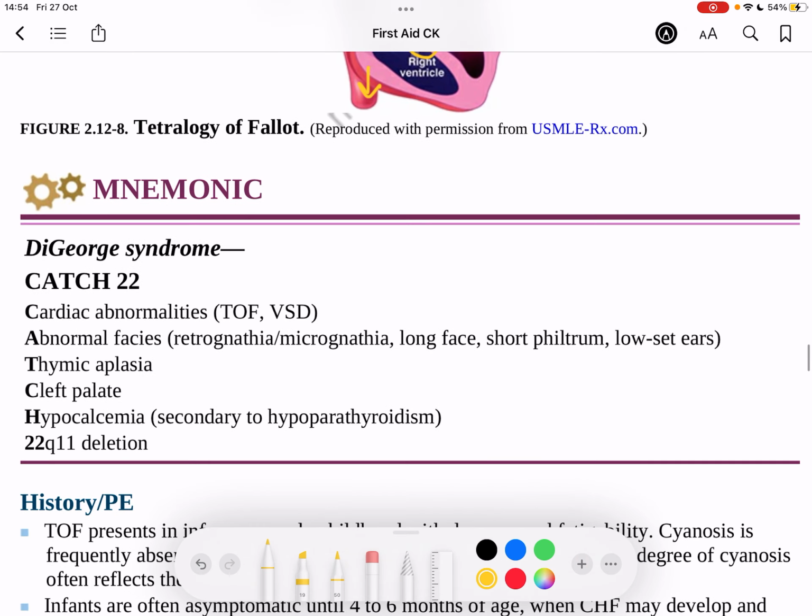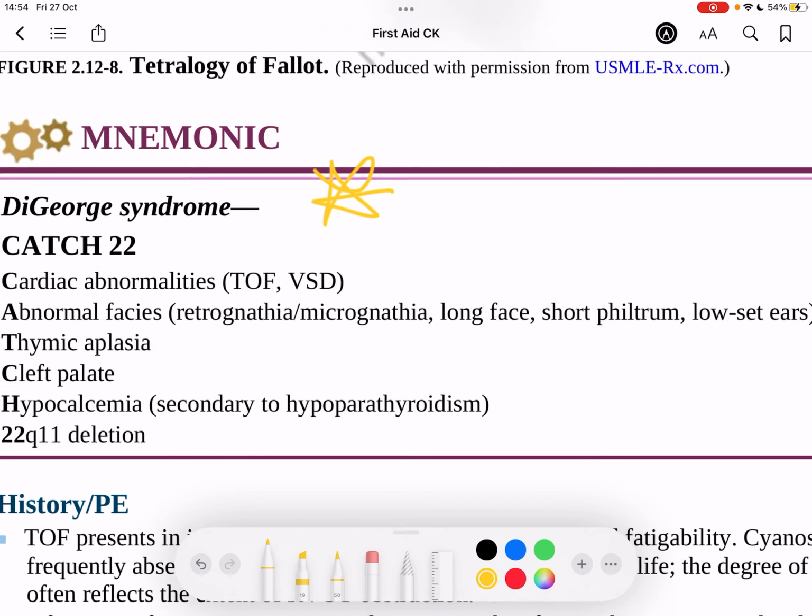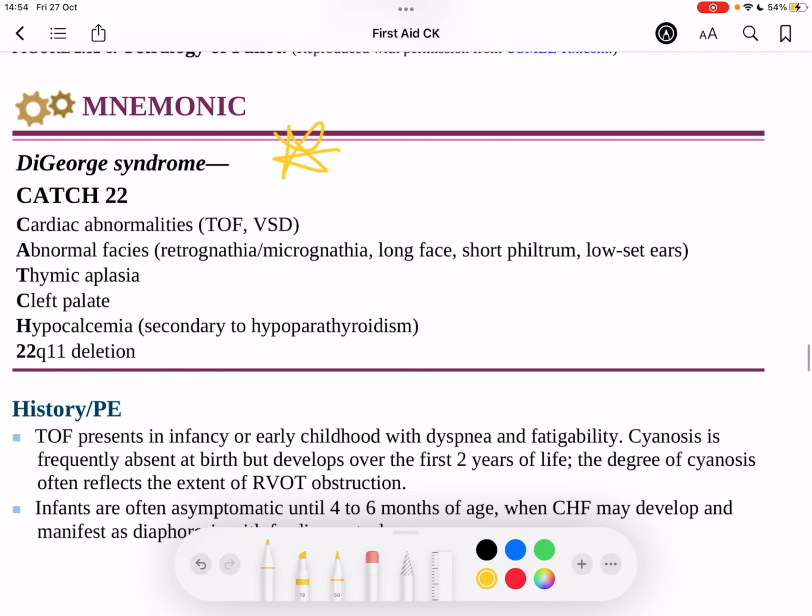So just a little thing about DiGeorge syndrome on a side note, because we've been discussing DiGeorge syndrome in a lot of detail, is its signs and symptoms. DiGeorge syndrome is part of a spectrum of diseases that are referred to as the CATCH-22. The CATCH-22 is known for cardiac abnormalities, abnormal facies. This can be seen as retrognathia, micrognathia, a long face, short philtrum, low set ears.